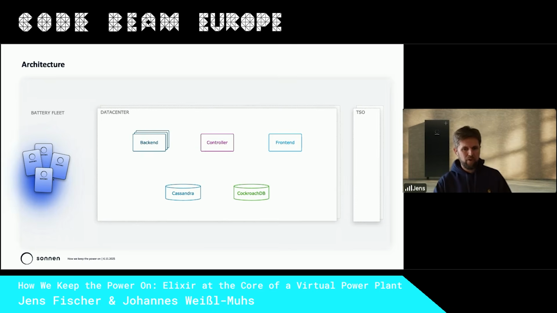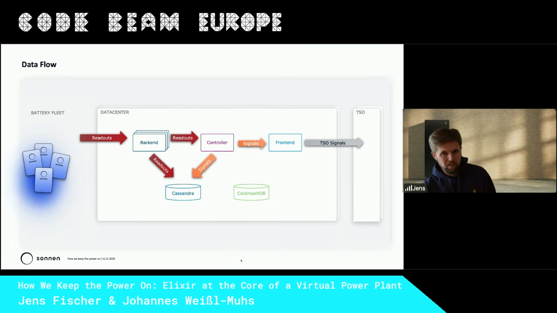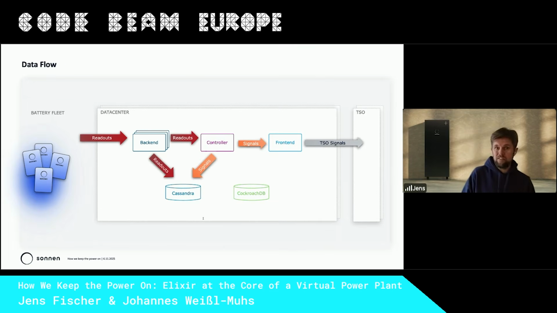Now let's look at some more. One way of explaining our system is to describe the main data streams going into our system. The biggest one by volume is what we call readouts. What is a readout? A single readout has measurements, currently around 60 different data points coming from the battery.